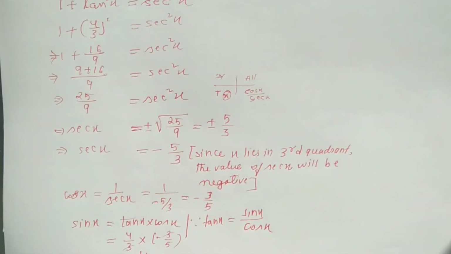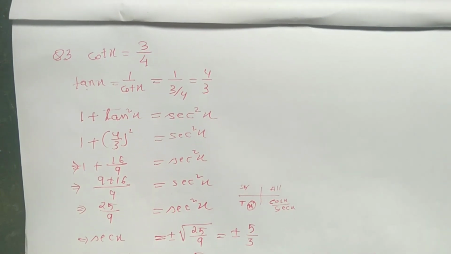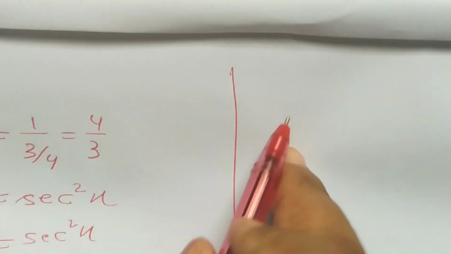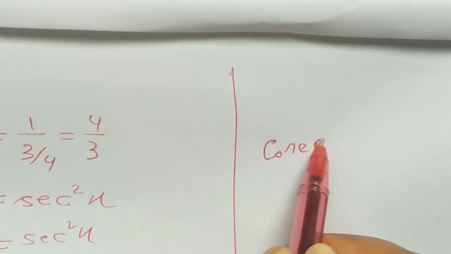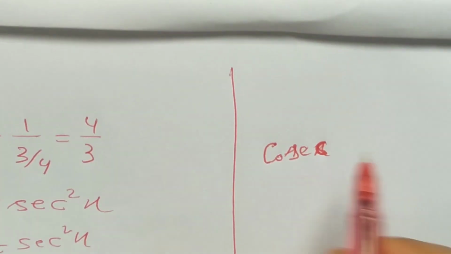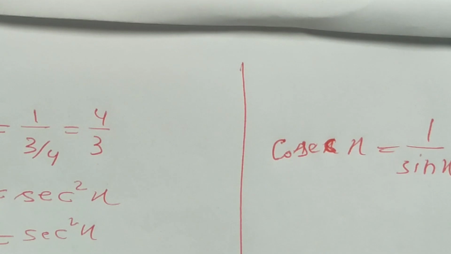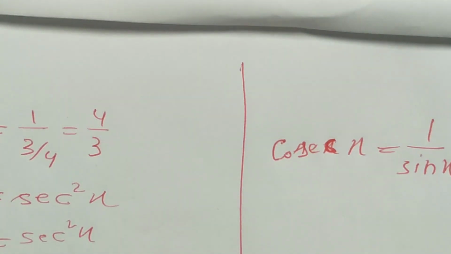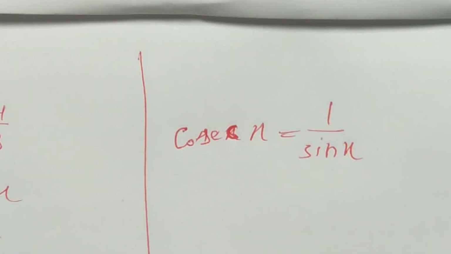One more trigonometric function is left to find out, that is cosec, right? Next, we know cosec x equals 1 by sin x.